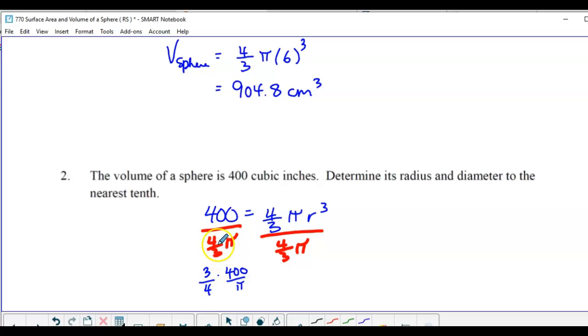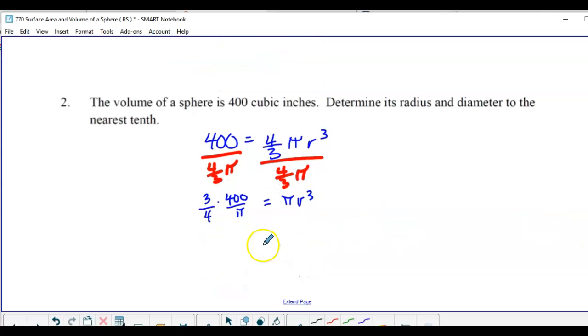So I just kind of flip the fraction part of this. I mean, you can do it all in your calculator, but I like to simplify it, right? I'm a math teacher. My pi should be gone here because I divided. So then I get basically r cubed equals 300 over pi.